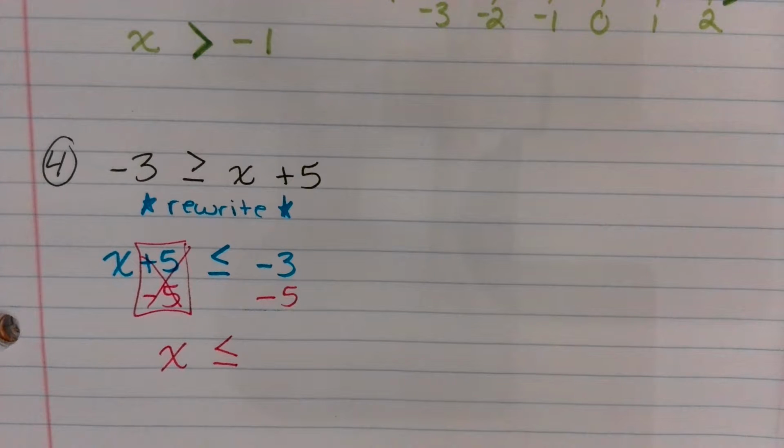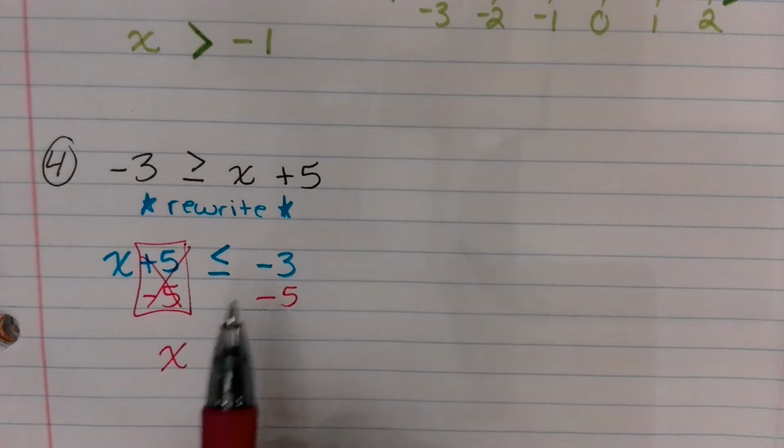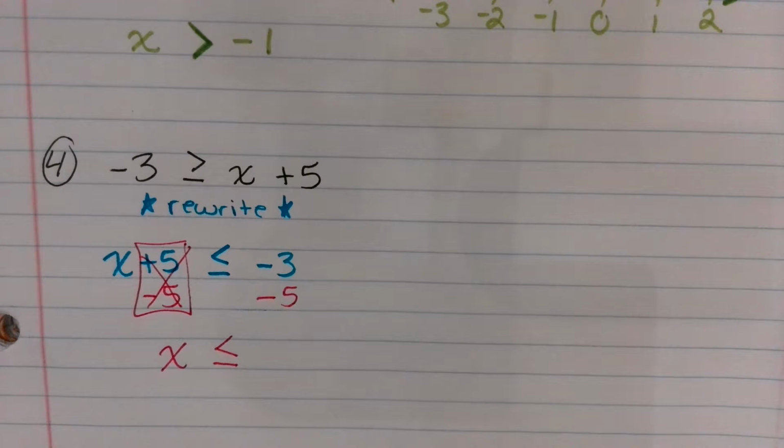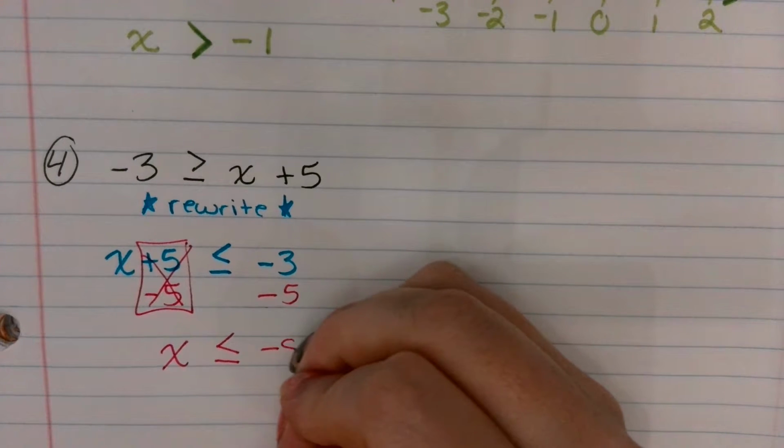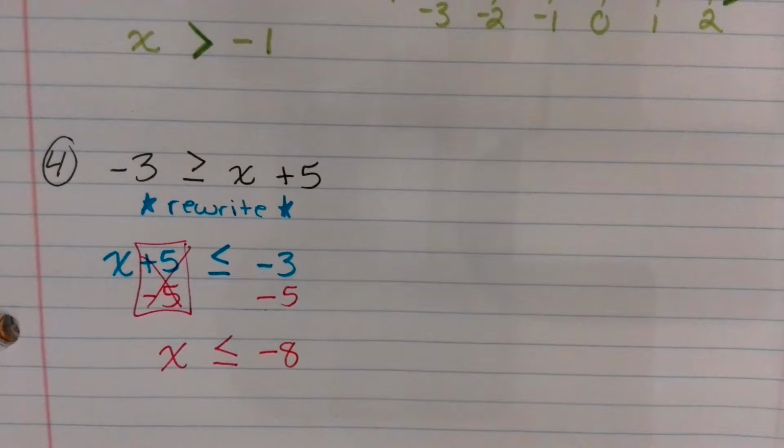Please make sure you're using your calculators. Double check yourself. I know some of you probably try to do that in your head and you're going to get some stuff wrong sometimes. You need to make sure you double check with the calculator. It's okay to try to do things in your head. Just double check yourself. -3 minus 5 gives you -8.